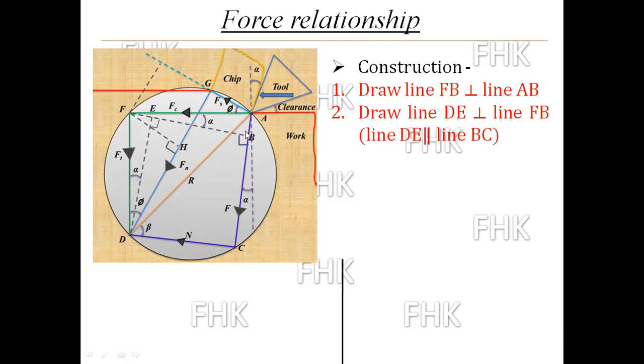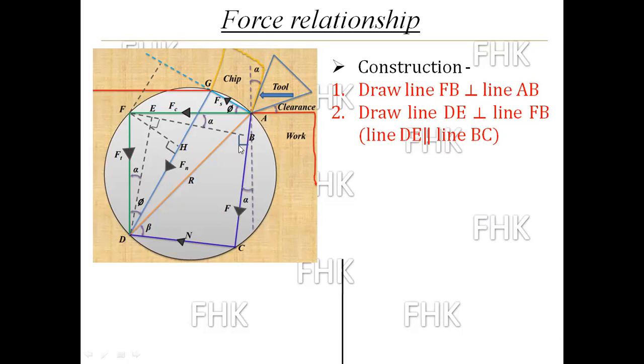And the second construction I will draw here, line DE, perpendicular to FB. So line DE is also parallel to BC, because from trigonometry, DE and BC are both perpendicular to FB, so these two lines will be parallel to each other.